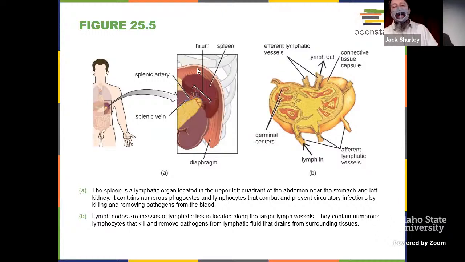It also provides an environment for numerous white cells to be available to do surveillance and hopefully prevent organisms that have made their way into the circulatory system from truly taking hold and causing issues.